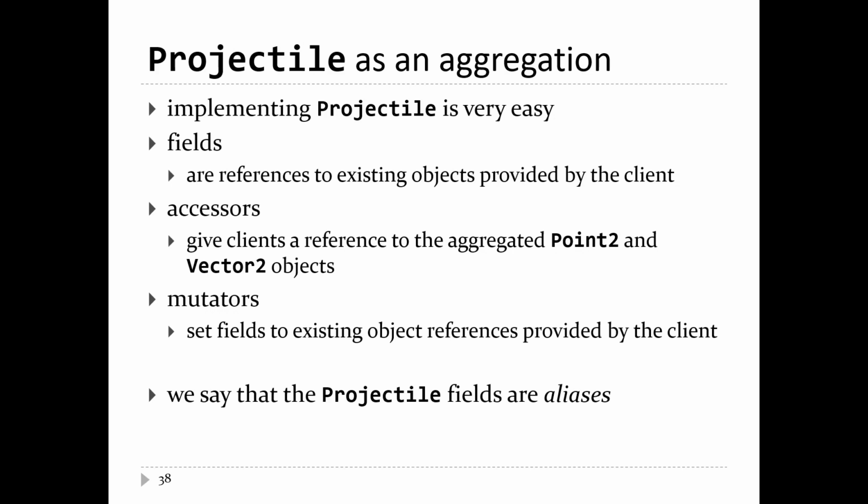And so the fields inside our projectile class are just aliases. Our fields are really just names for existing objects, and often the objects are provided by the caller. So an alias is just a different name for the same thing. And so our fields are just different names for the objects provided by the caller.